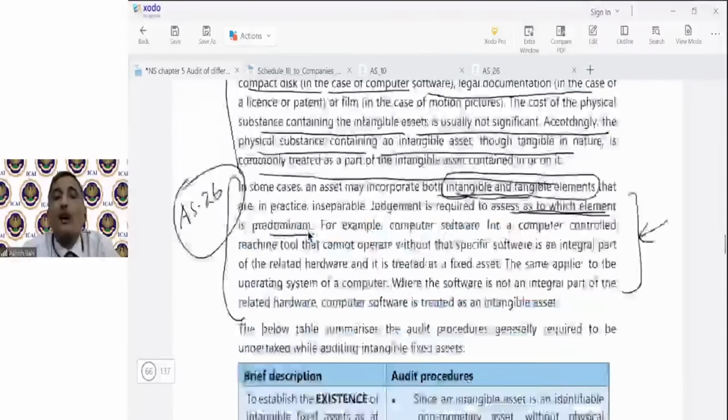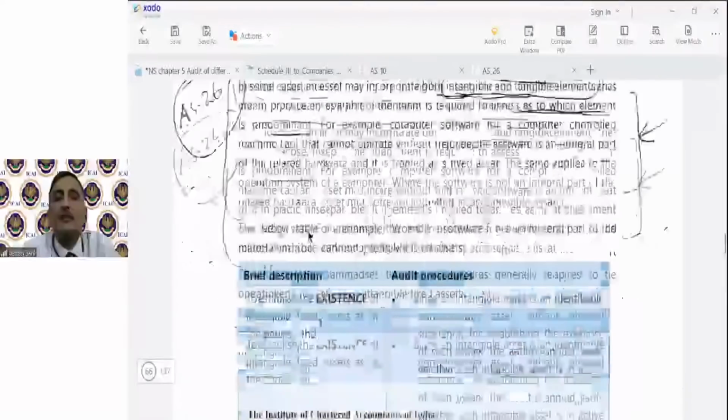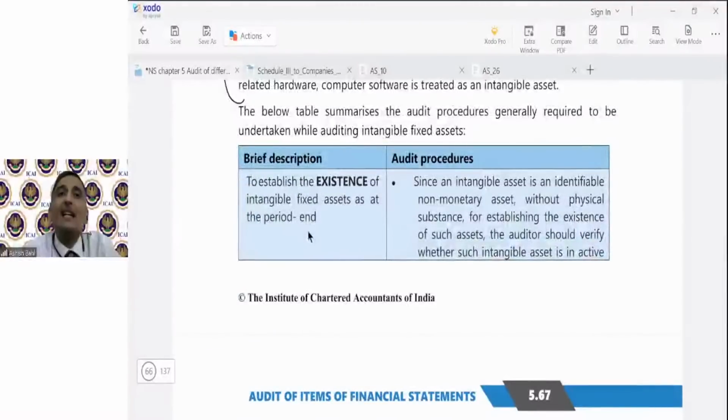So again, all the four assertions pertaining to intangible assets. Remember their names: existence, completeness, rights and obligations, and valuation. So how to establish existence of intangible assets?